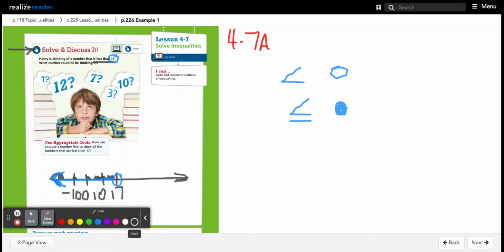So if I wanted to just sketch this on my own, I would make my number line. I would plot the point 17. I'm going to make an open circle at 17, and then I'm going to shade it to the left. And that shows me that Henry's thinking of some number that's less than, but not including 17.